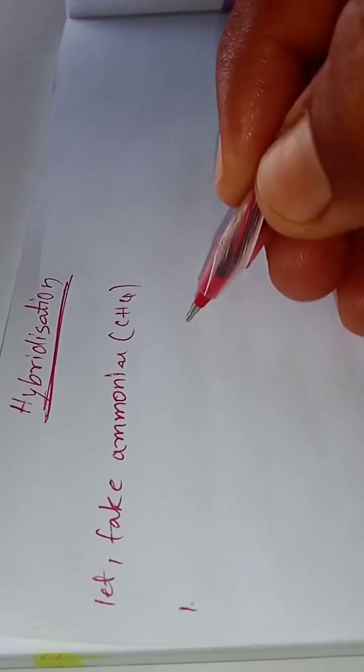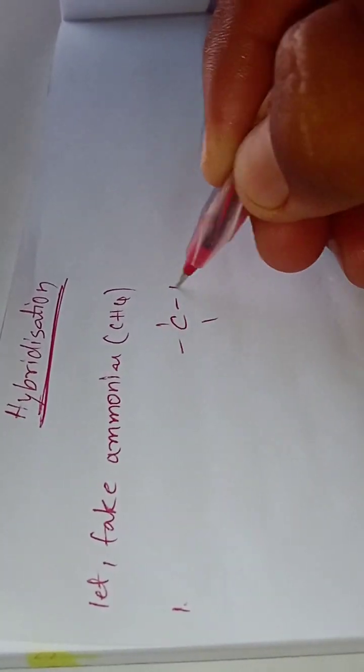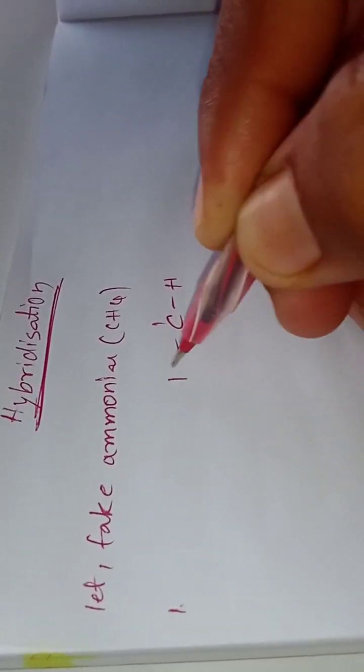Let's take methane, CH4. That is, the structure of methane: carbon forms sigma bonds with hydrogen.